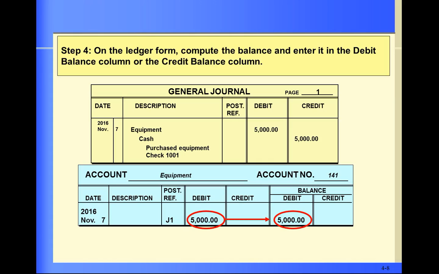As you're going to see when you start working with these, if you have additional debit entries, that will increase the debit balance. But if you have a credit entry, that's going to decrease the debit balance. This is an area where people tend to get confused. When you have a credit entry in an account that has a debit balance, it doesn't go on the credit side.